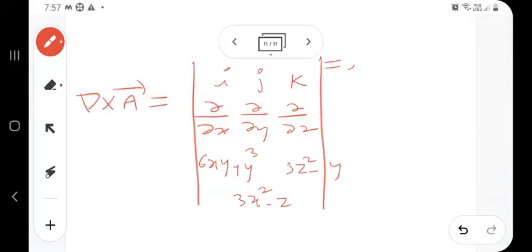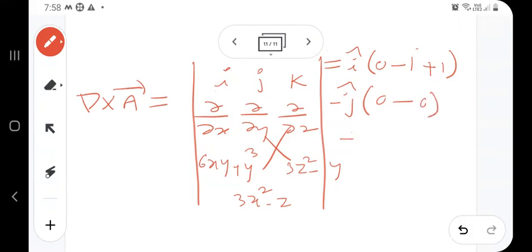That equals i cap into dou y of 3z square minus y, which gives minus 1, minus dou z of 3x square minus z; the first term is 0, and minus into minus gives plus. Minus j cap into dou x of 3z square minus y, which is 0, minus dou z of 6xy plus y cube, partial differentiation, 0.